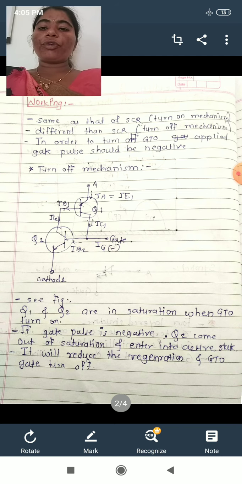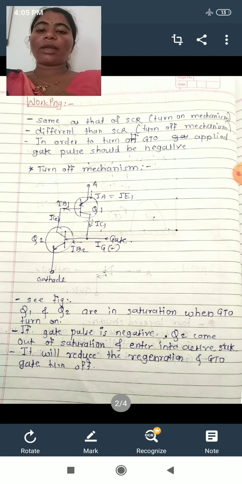To learn the turn off mechanism, we see the basic diagram, that is the two transistor analogy of the SCR. The same diagram will be drawn here. In this diagram there are three terminals: the anode terminal denoted by A, the cathode terminal denoted by K, and the gate terminal denoted by G. There are two transistors present, transistor Q1 and transistor Q2.